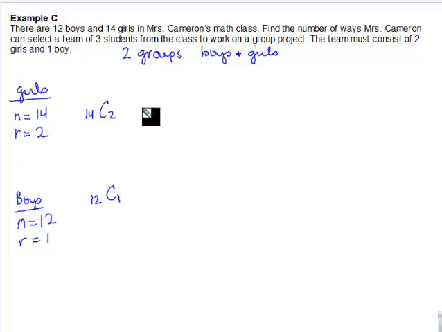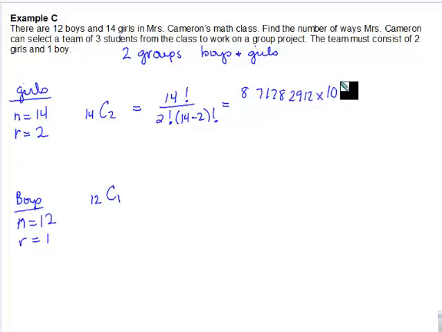Okay, so this is 14 factorial divided by 2 factorial times 14 minus 2 factorial. And this time I'm not going to do all the long way. So it's 8.71782912 times 10 to the 10th. And then 2 factorial is 2.